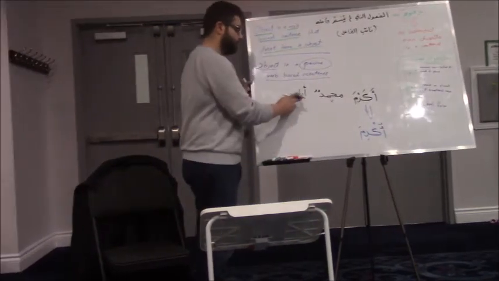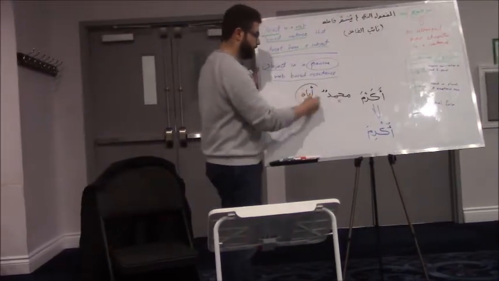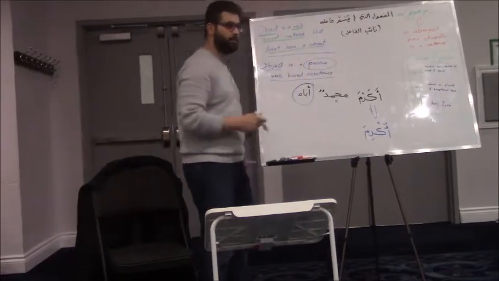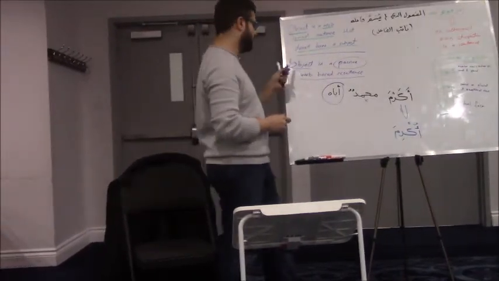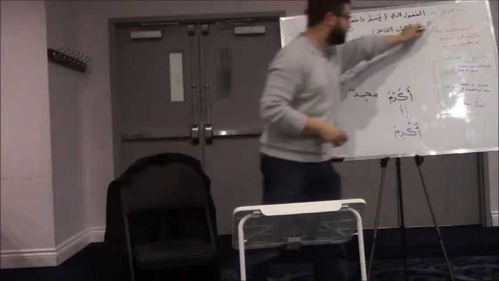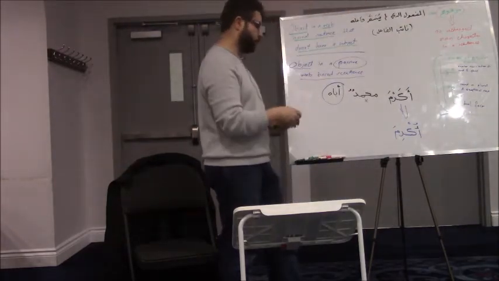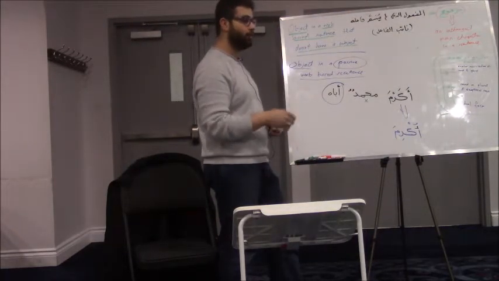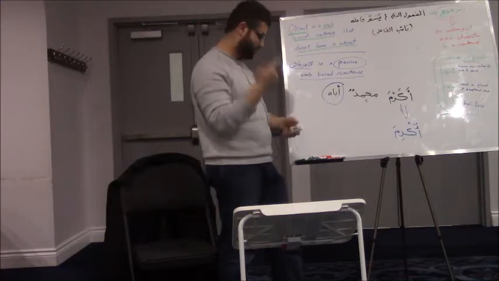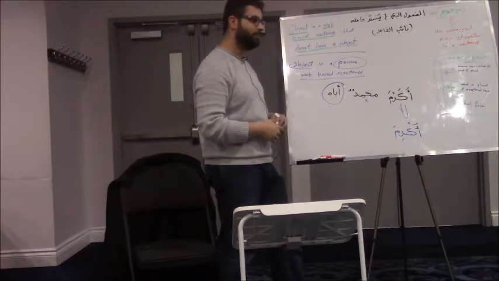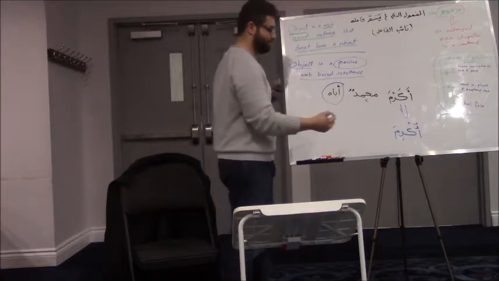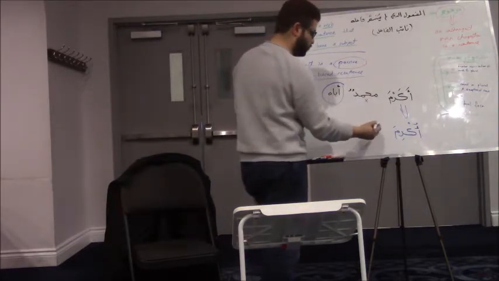Now, the object becomes the na'ib al-fa'il. It becomes the substitute of the subject, or an object in a passive verb-based sentence is going to be marfu'a now. He's going to be bumped up. So what would you say? Ukrima? Try, even if you're wrong. Abuhu.